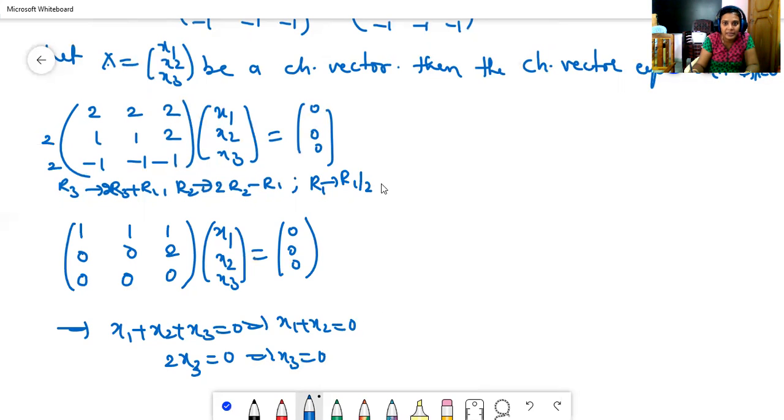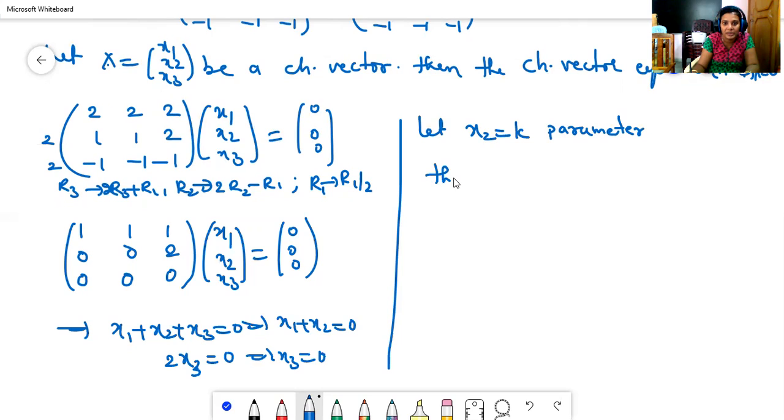Here, take x2 equal to k, a parameter, then x1 equal to minus x2 equal to minus k.